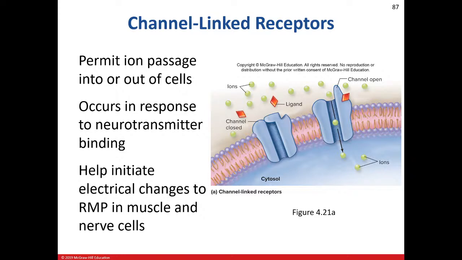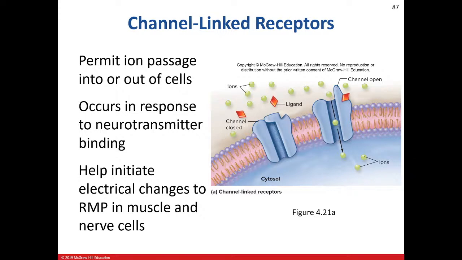So here's a channel linked receptor, and basically when it detects the presence of the ligand, when the ligand binds, it's going to change shape and open the channel up. And so one example would be the acetylcholine receptor. In muscle, the acetylcholine receptor detects the neurotransmitter acetylcholine.